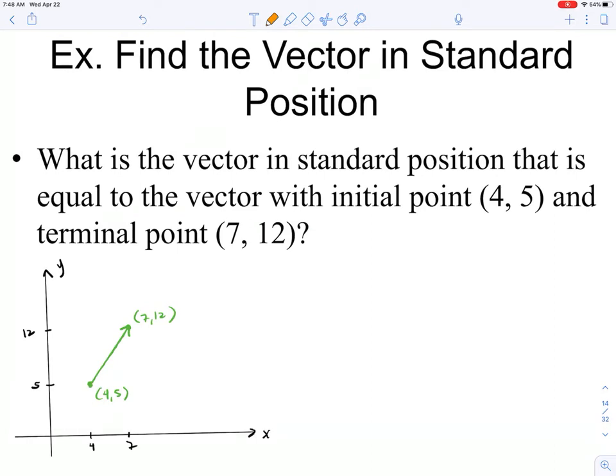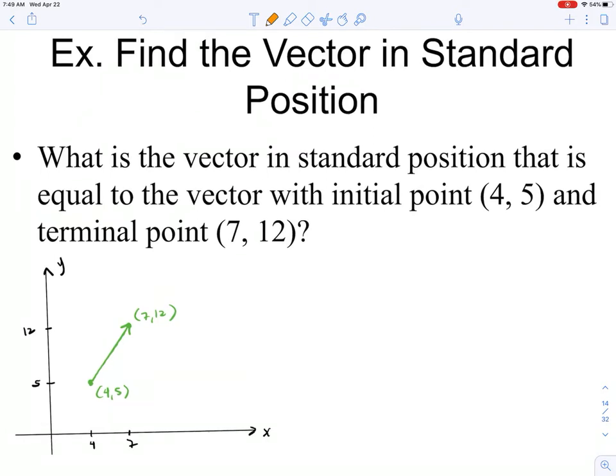For that point to get to the origin, the vector would need to go to the left 4, or basically we could think about subtracting 4 from the x coordinate of that initial point, and then it would need to go down 5, so we can think about subtracting 5 from the y coordinate of the initial point. And then for the terminal point to follow, we would need to do the same, subtract 4 from the x coordinate and subtract 5 from the y coordinate.